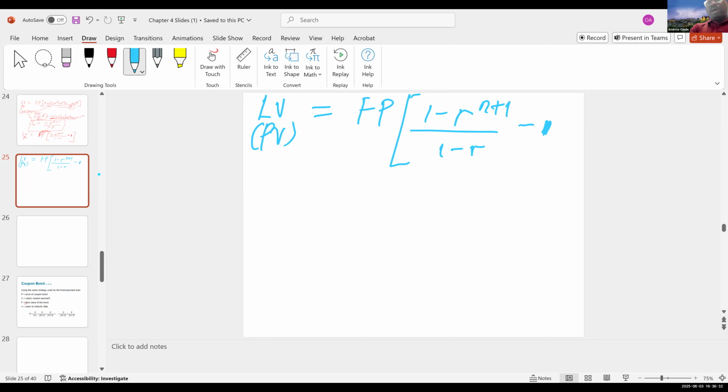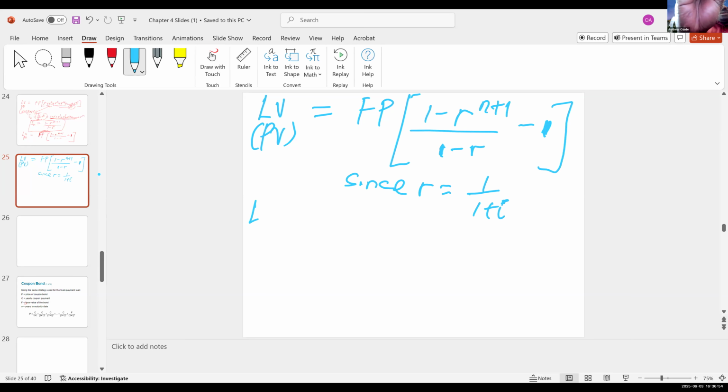Keep in mind that the 1 we are subtracting is not part of this ratio. So you must first divide 1 minus r to the n plus 1 by 1 minus r, then subtract 1 from it. Or in a more condensed form, since r is 1 over 1 plus i, as we said at the beginning.